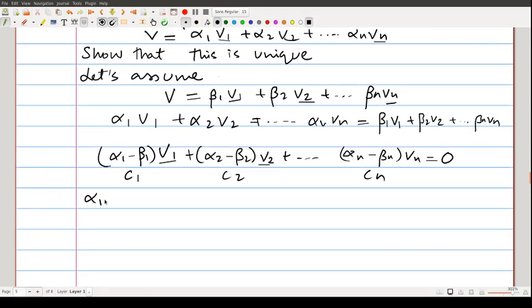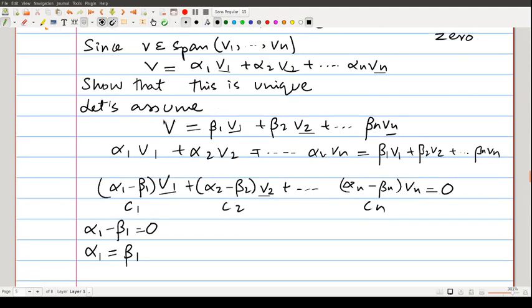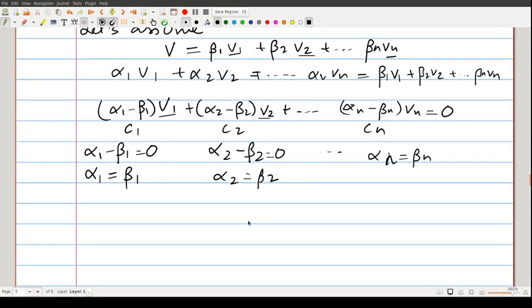So alpha 1 minus beta 1 needs to be 0, which means alpha 1 is the same as beta 1. Even if you try to write it with different coefficients, these coefficients will be the same. Similarly, alpha 2 minus beta 2 equals 0, so alpha 2 equals beta 2, and likewise alpha n equals beta n. Therefore alpha i equals beta i for all i from 1 to n, which means this indeed was a unique representation.